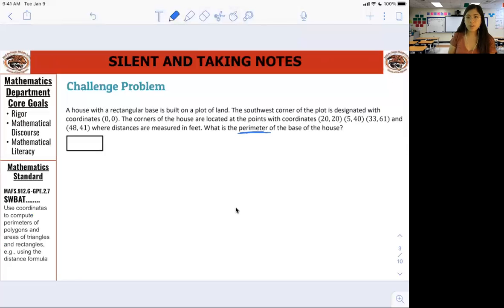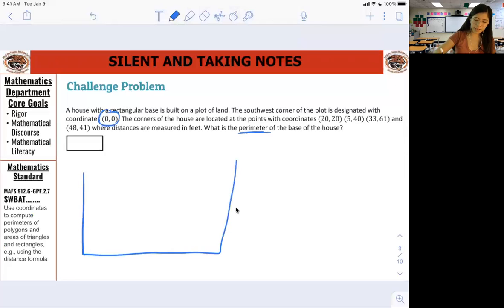Okay. So which numbers should I be looking at? Does this number matter, 0, 0? Isn't that like the middle or something? Well, that one's just telling you that if this is all the land that they own, this is at 0, 0, but then the house itself would be in a different place.